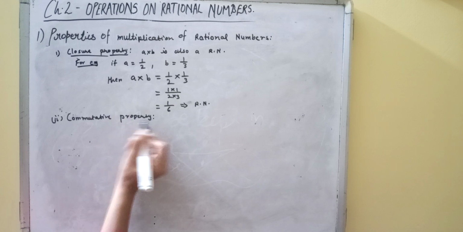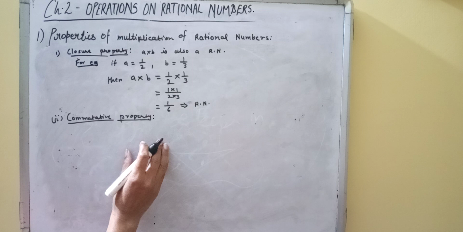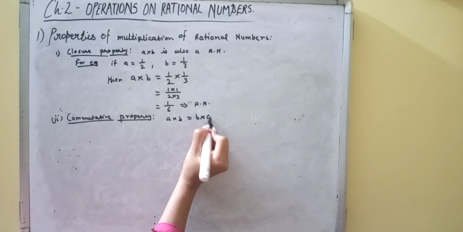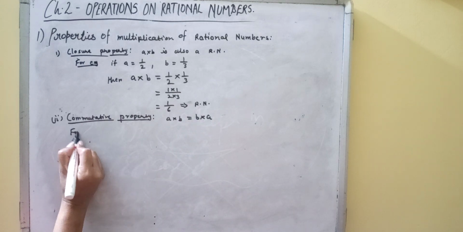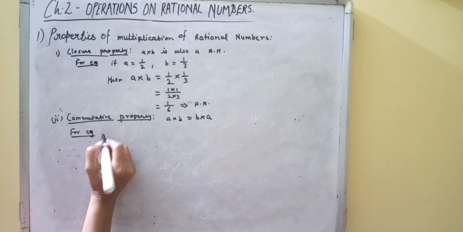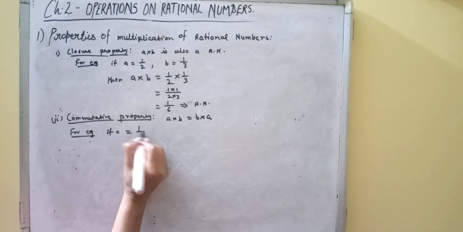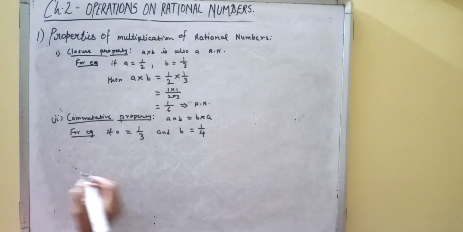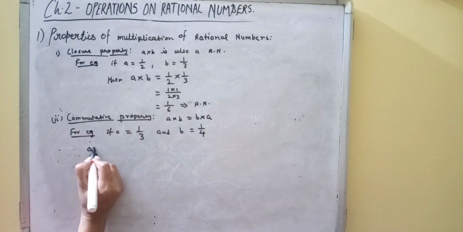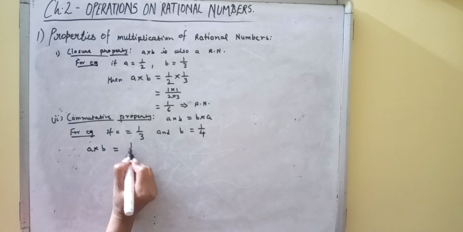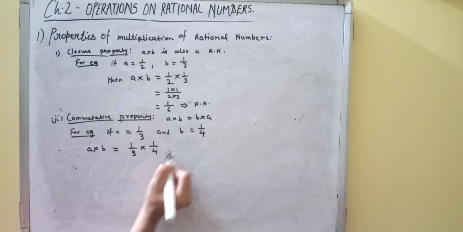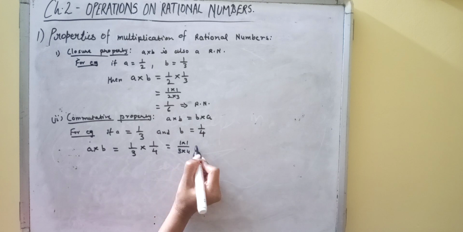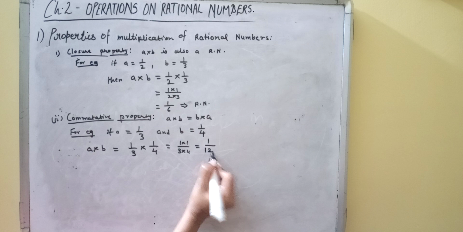That is, if A and B are any two rational numbers, then A into B equals B into A. For example, if A is 1 upon 3 and B is 1 upon 4, then first we solve the left hand side, that is A into B equals 1 upon 3 into 1 upon 4, that is 1 into 1 and 3 into 4 in the denominator. We will get 1 upon 12.